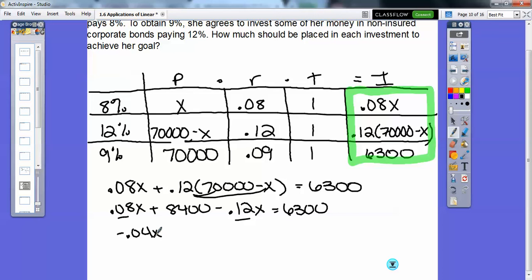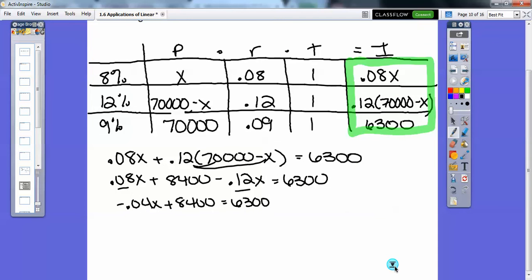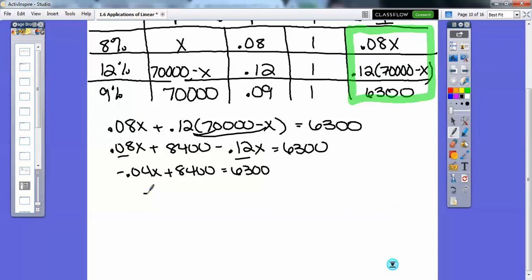So I get a negative 0.04X. Subtract over my 8,400. And when you divide, what do you get?